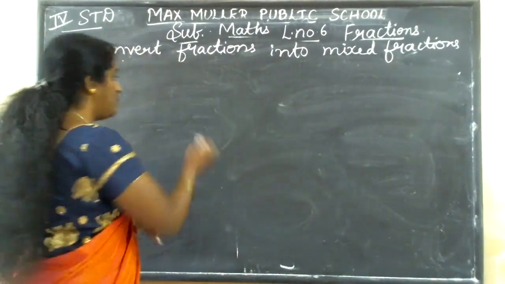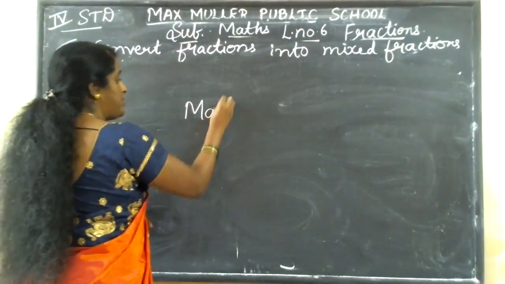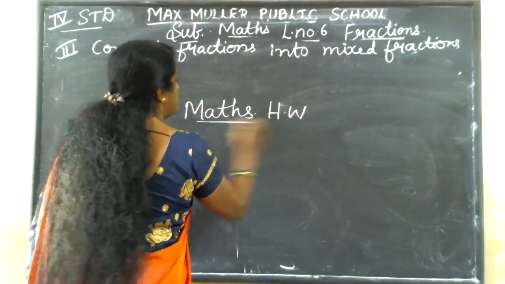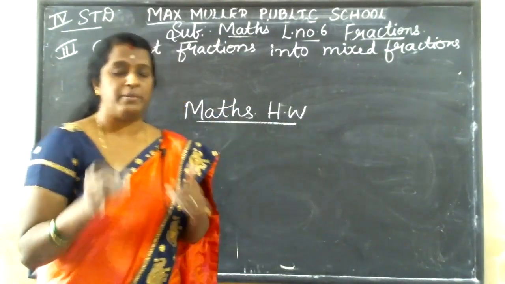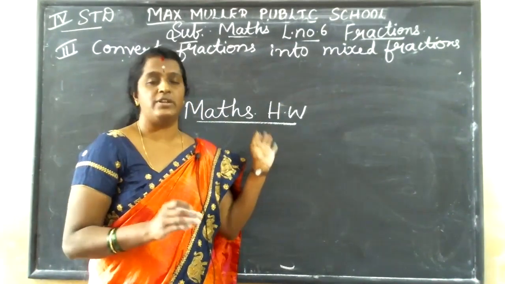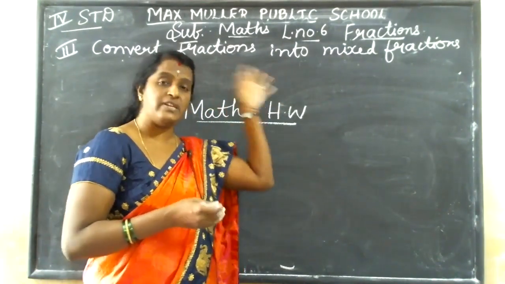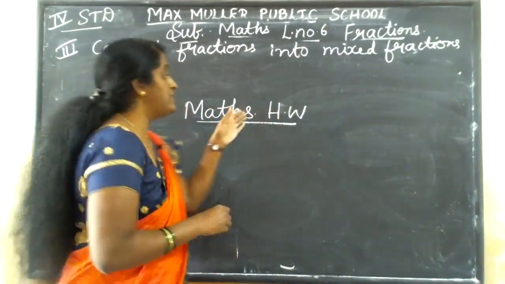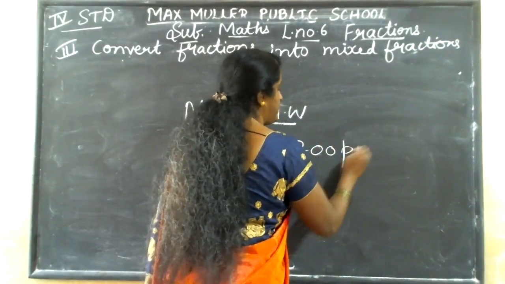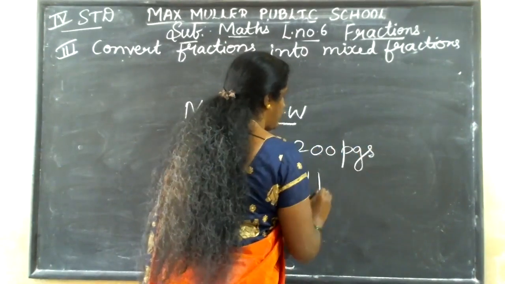But today's maths homework: take out your maths homework, not in the rough book. Many new children, those who took admission at exam time, you are writing in last year's rough books. No, children. What I did, the sums and all, you can practice in your rough book. This is maths homework, in a 200 pages horizontal book.